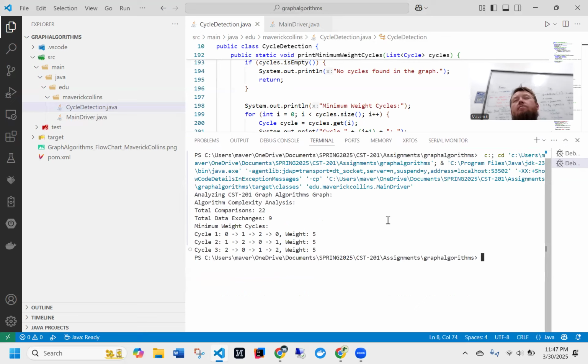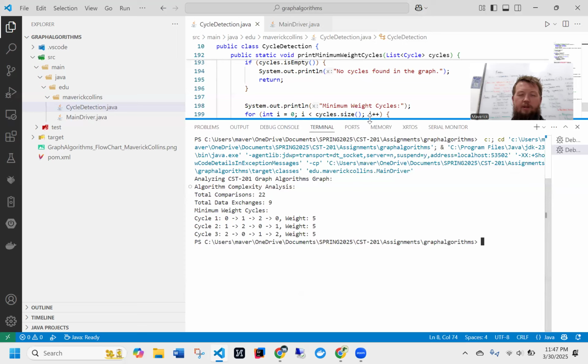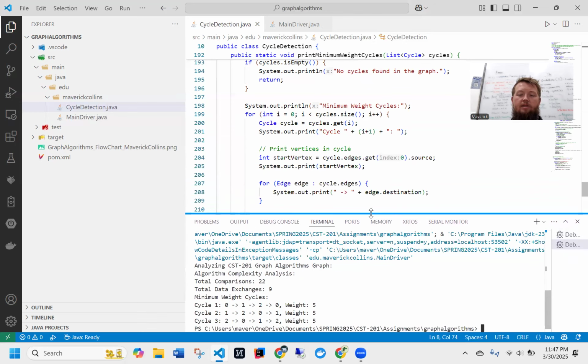Oh, the time complexity. So the time complexity for this one is going to be big O. So for the Bellman-Ford, I believe it's big O of vertices factorial, if I'm remembering correctly. And this one is a little more complex than that.